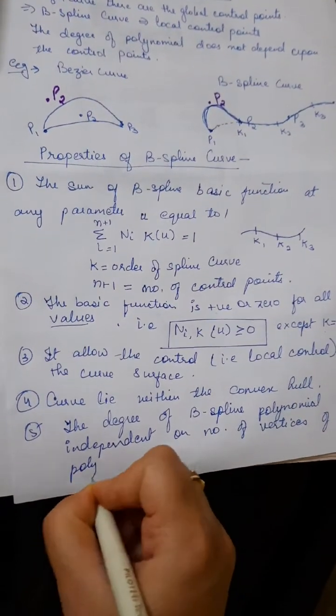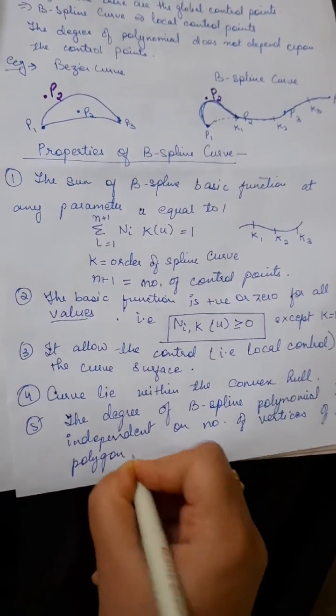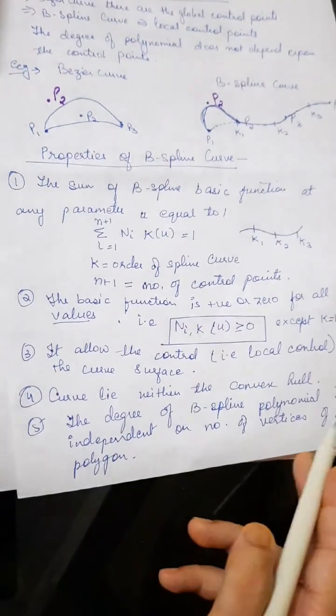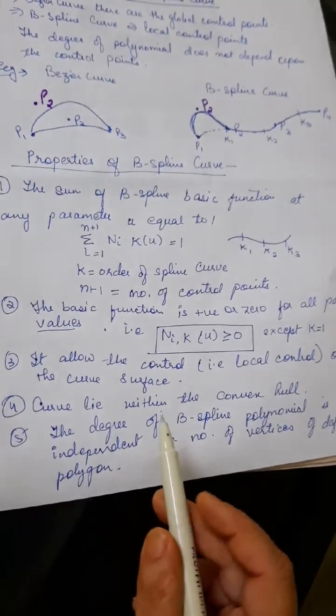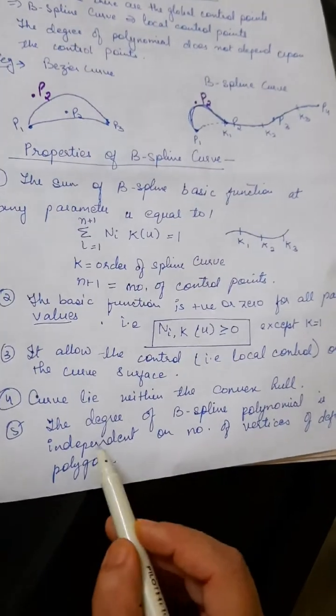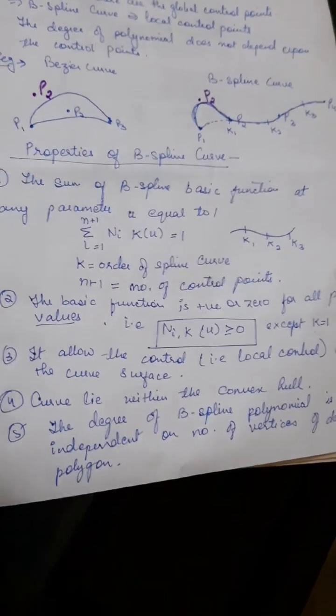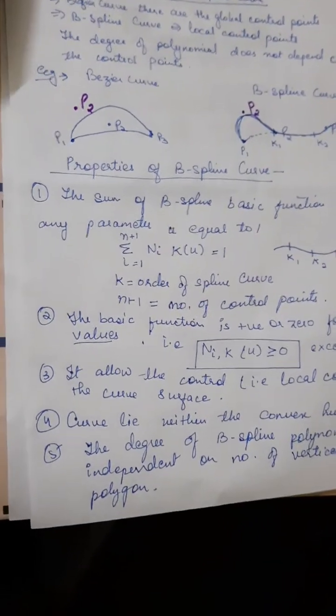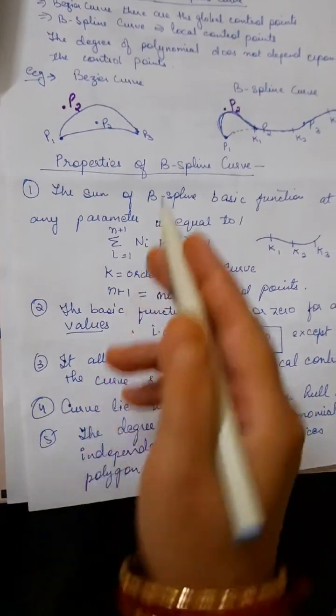So its degree is independent of the number of vertices defining the polygon. If we are taking the polygon, its degree is totally independent of the number of vertices. So these are the properties of the B-spline curve.